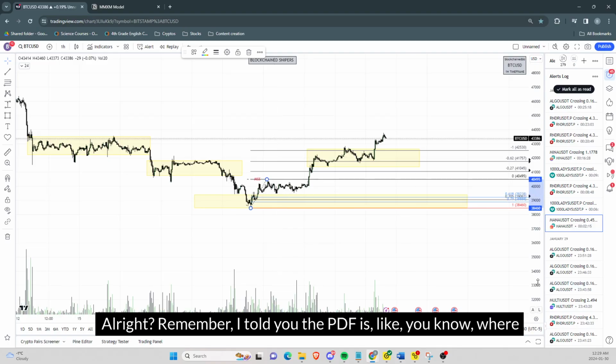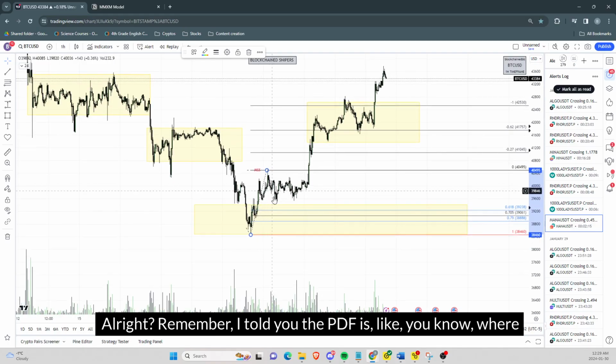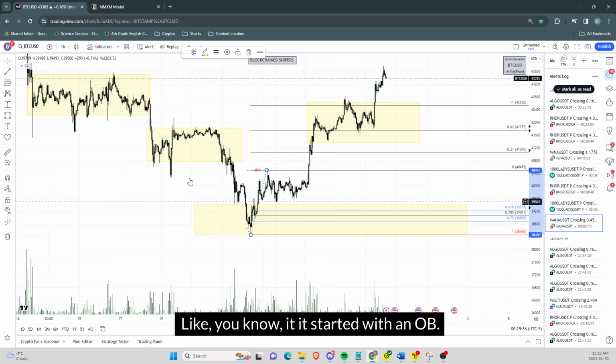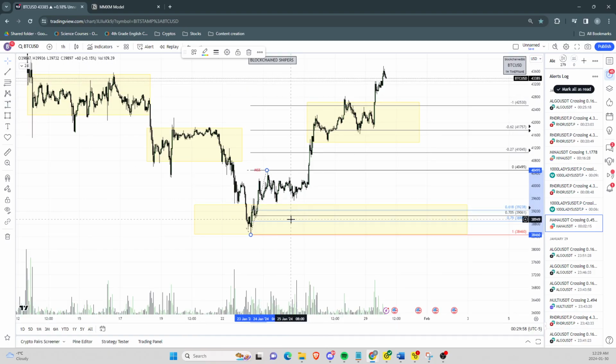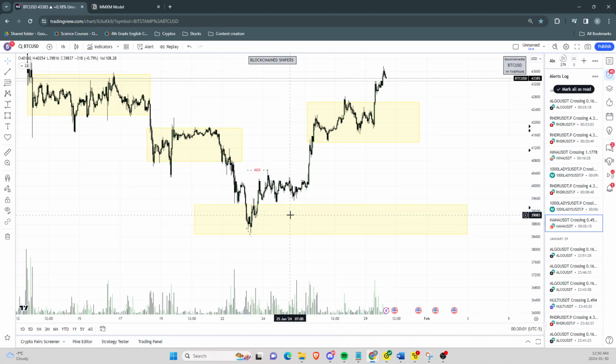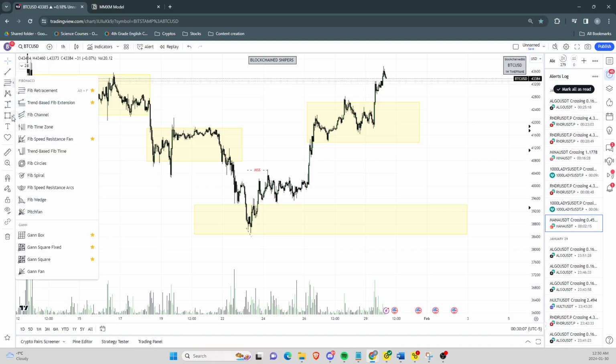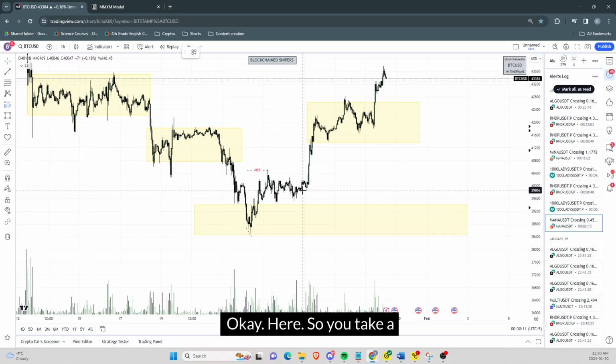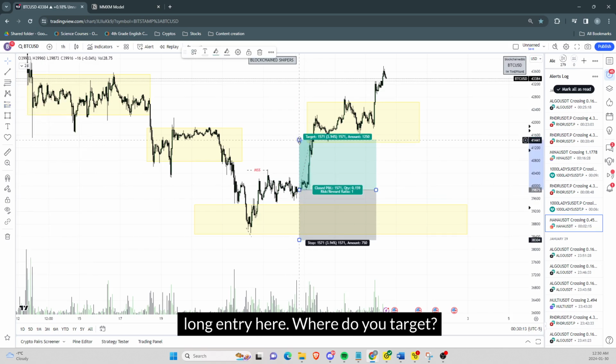All right, remember I told you the PDRA is like, where to enter. This was one of it. Like, it started with an OB, and it is a long position. Okay, here. So you take a long entry here. Where do you target?